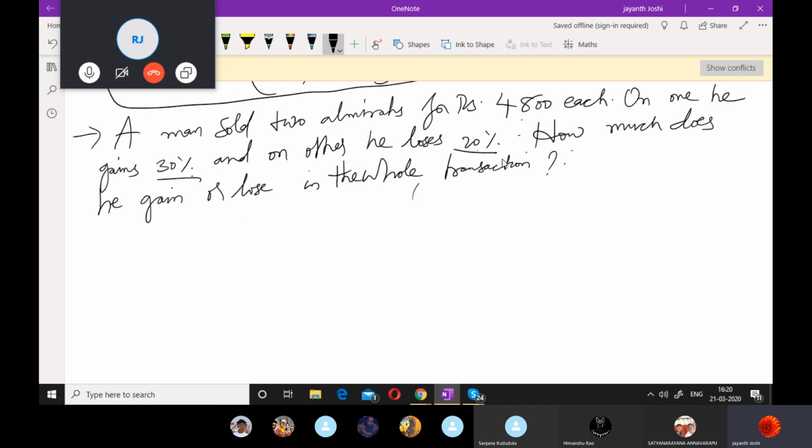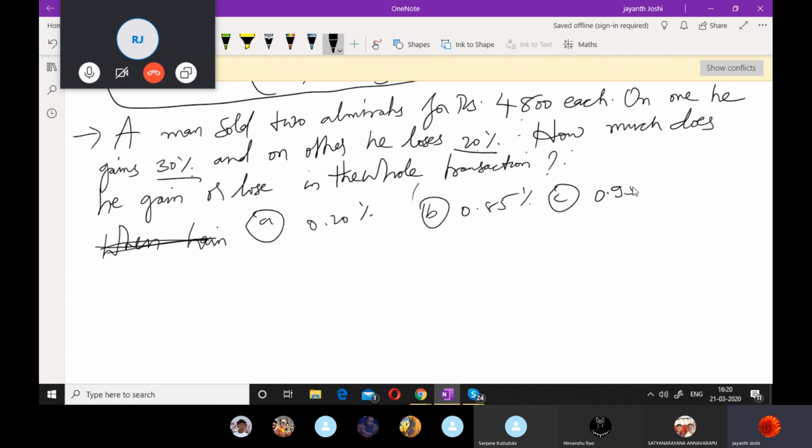So I'll write the formula. You make a note of it. He is asking how much gain or loss, and the options are: A 0.20%, B 0.85%, C 0.95%, D none. Now I am writing the formula.